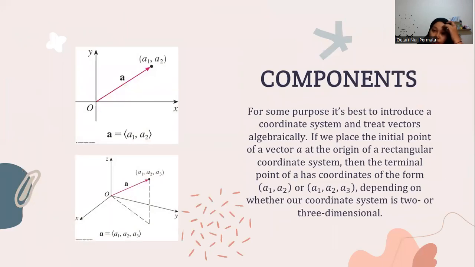Components. For some purposes, it's best to introduce a coordinate system and treat vectors algebraically. If we place the initial point of a vector a at the origin of a rectangular coordinate system, then the terminal point of a has coordinates of the form a1, a2 or a1, a2, a3, depending on whether our coordinate system is 2 or 3-dimensional.